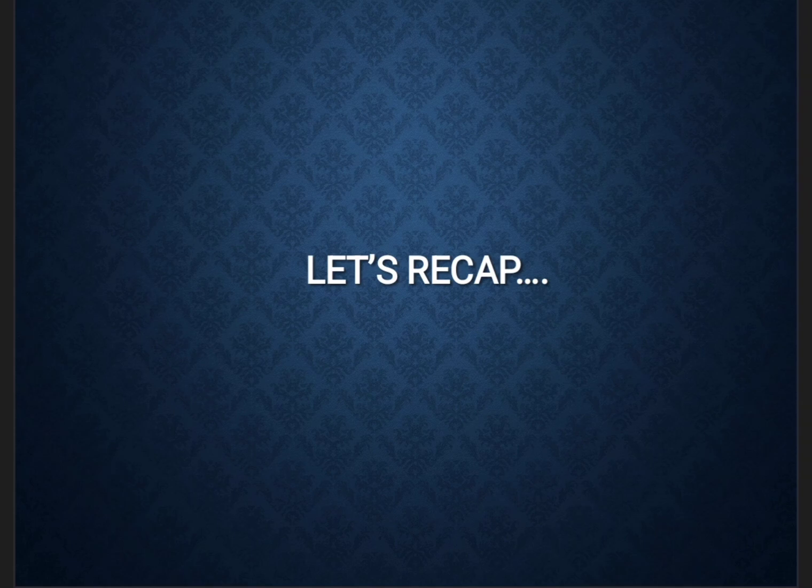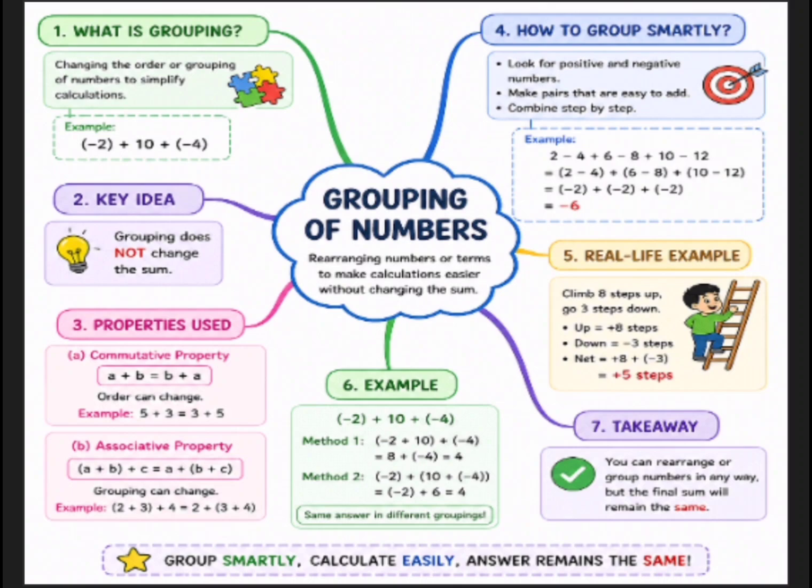So let's recap today's session. What did we learn about? The grouping of numbers under addition. Rearranging numbers or terms to make calculations easier without changing the sum. The key idea behind this grouping is that it does not change the sum. The two properties used were the commutative property and the associative property. Commutative property deals with two numbers, whereas associative property deals with three numbers.